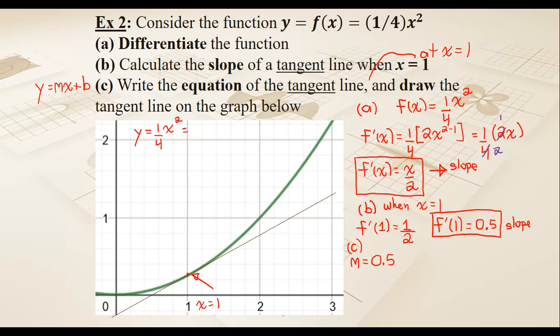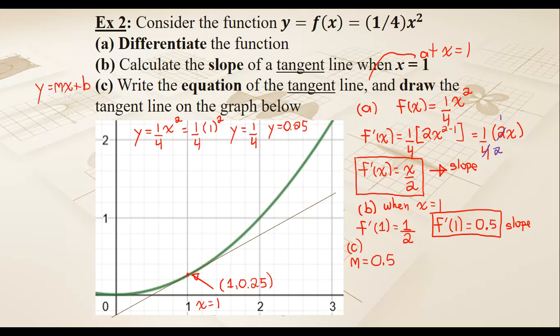Then the value of y would be 1/4 times 1 squared, which is equal to 1/4. Or you could write it as a decimal, y is equal to 0.25. Therefore, this point has coordinates of 1 and 0.25.